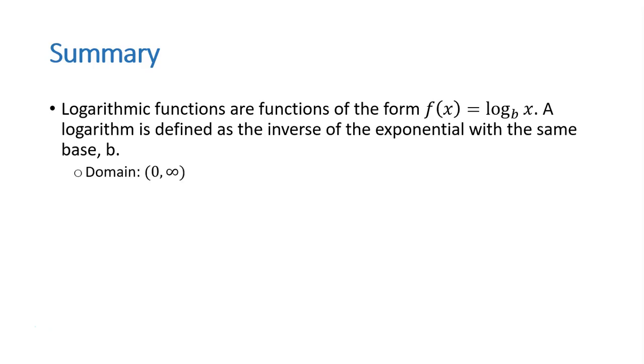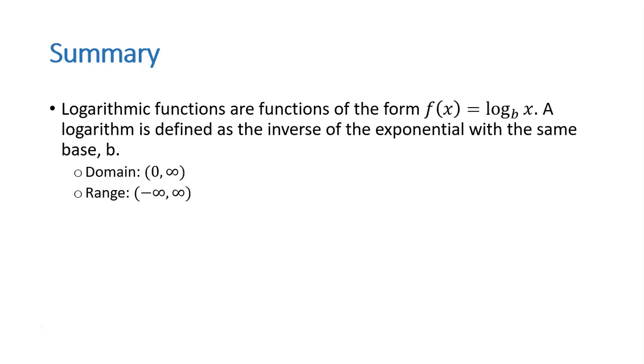The domain for any logarithm is 0 to infinity, not including 0. So the only numbers we can take a logarithm of are going to be positive numbers because the only numbers we can get out from an exponential are going to be positive numbers. So that inverse relationship switches our domain and range. Our range for a logarithm is all real numbers.